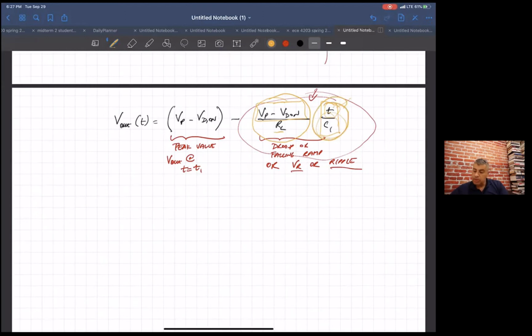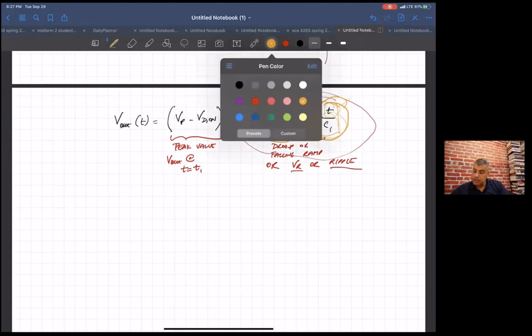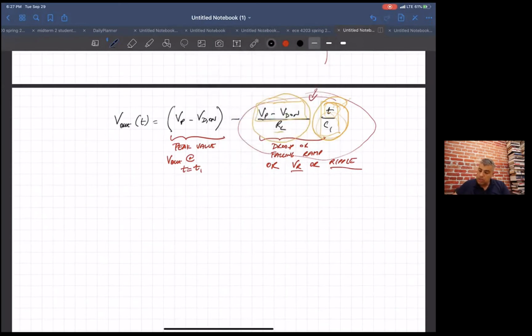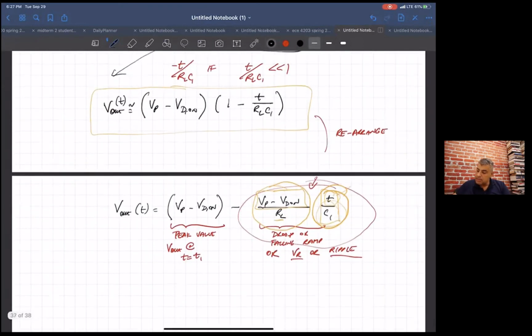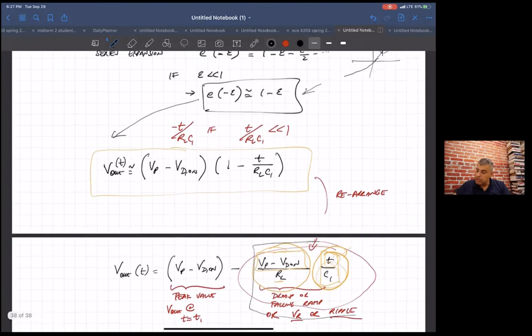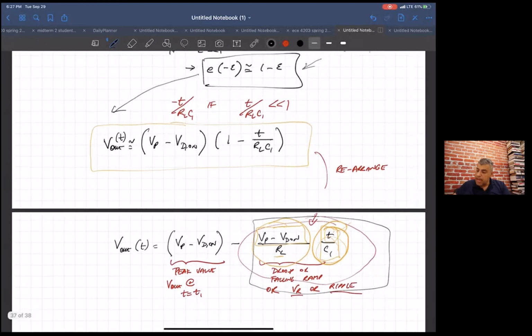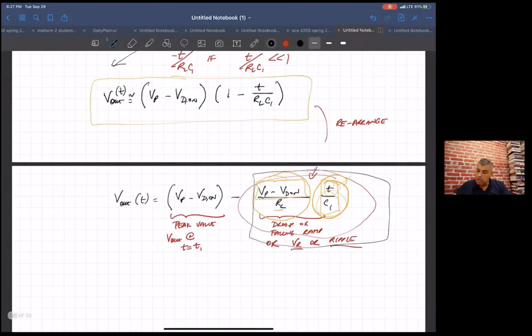Okay, so then let's see what happens in a typical case. So this is the droop at any one point. And the maximum droop, sorry, let me do this. I said this wrong.